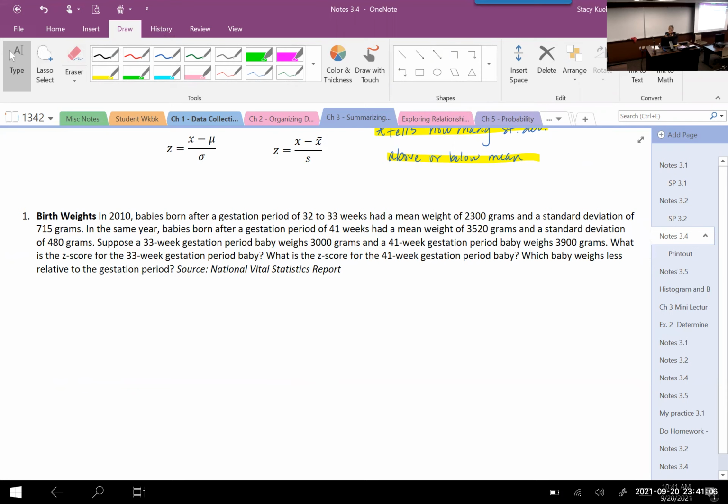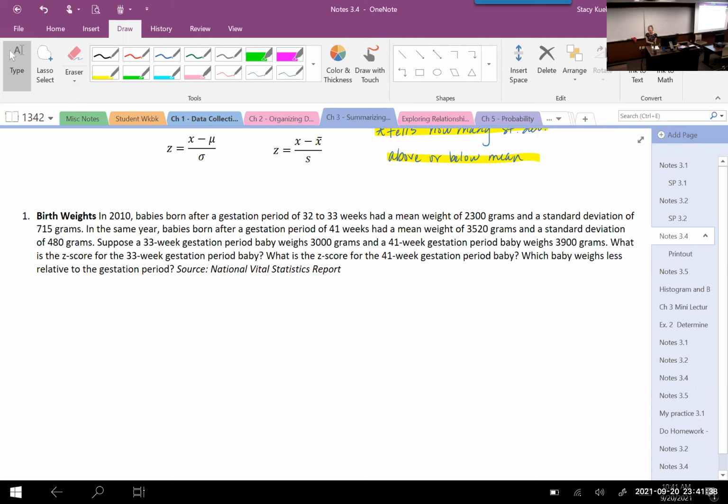In the same year, babies born after a gestation period of 41 weeks had a mean weight of 3,520 grams and a standard deviation of 480 grams. So suppose that you have a 33-week baby who weighed 3,000 grams and a 41-week baby who weighed 3,900 grams. We want to know which baby weighed less relative to their gestation period.